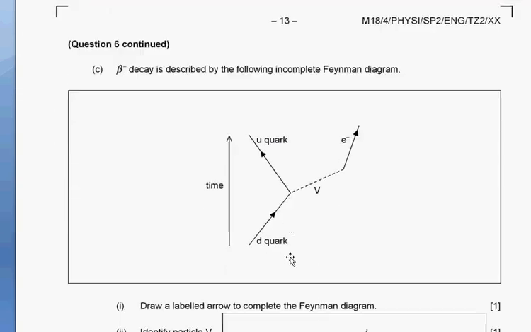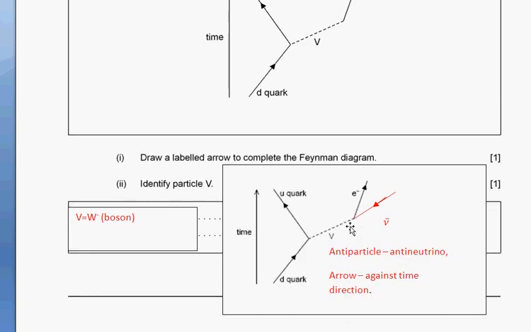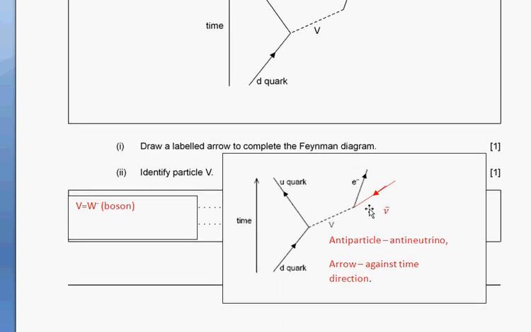Next question. Beta decay is described by the following incomplete Feynman diagram. Draw and label an arrow to complete the Feynman diagram. Identify particle V. You should remember that during beta minus decay we have an antineutrino.